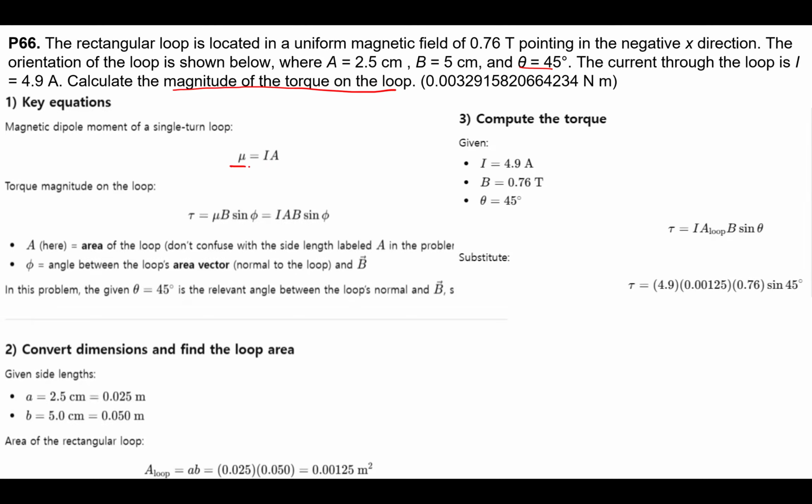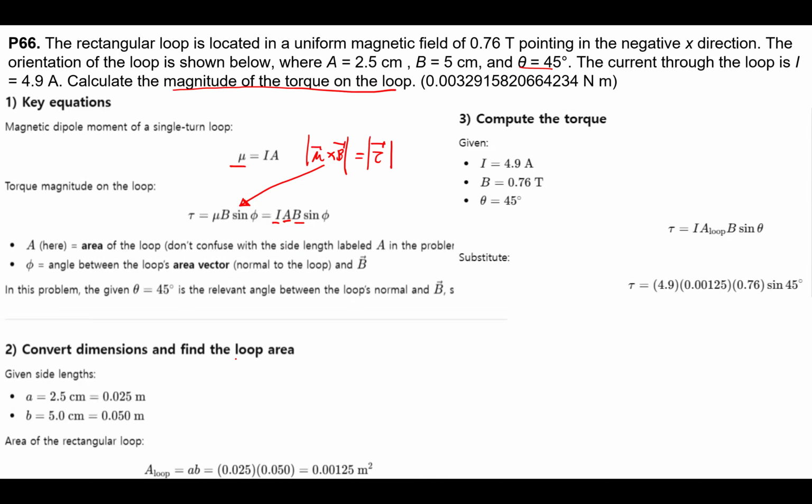The magnetic dipole moment μ cross B is going to be our torque, and if you take the absolute value, you get this relationship. So we need to find the area, current, and magnetic field, and then we can find the torque.